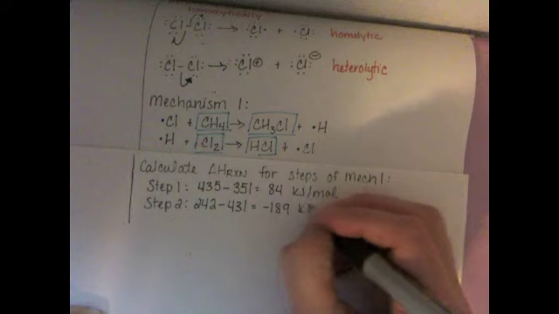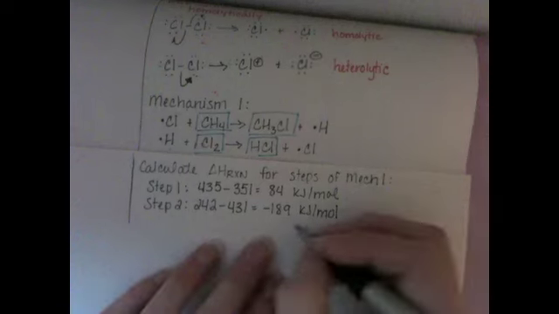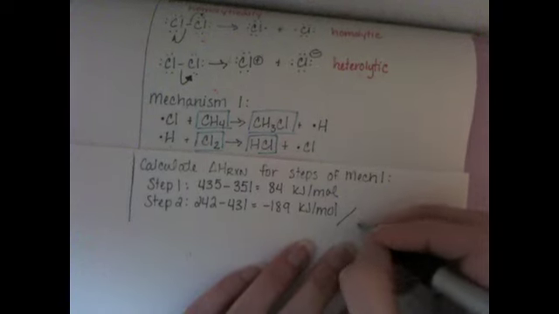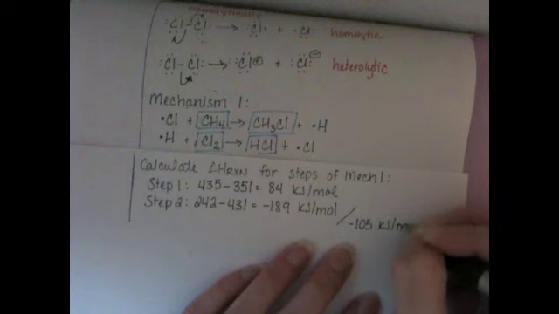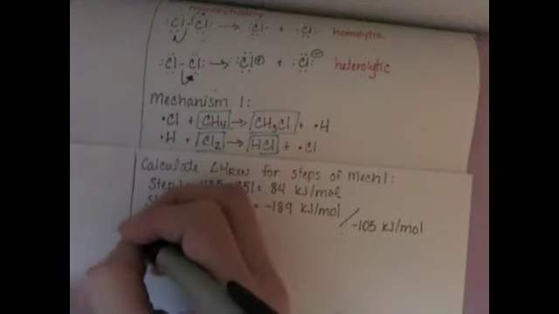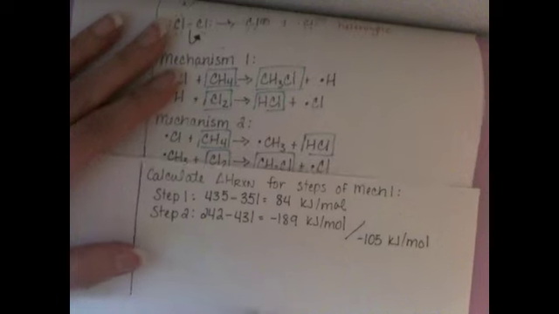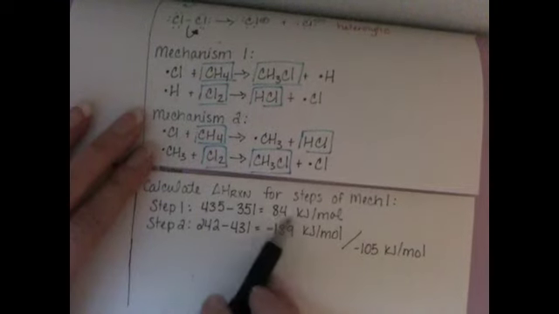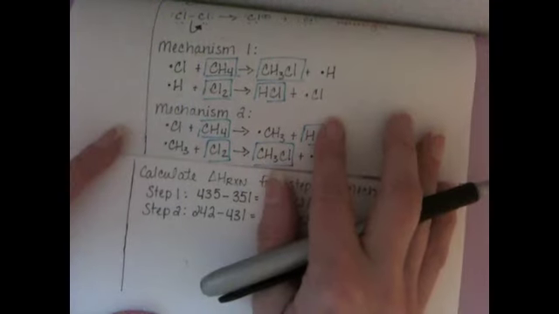That works out to be negative 189 kilojoules per mole. And overall, if we add this up to get the overall delta H of the reaction, it's going to be negative 105 kilojoules per mole. That's really not going to be important, but we're going to put that in there anyways, just in case you're curious. The overall enthalpy of the reaction is just the sum of the enthalpy for step 1 and step 2.